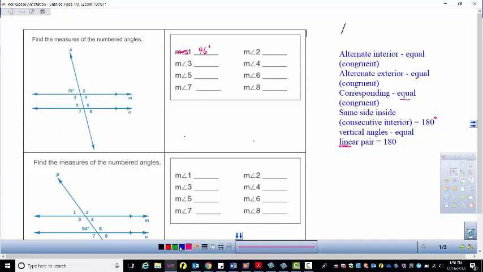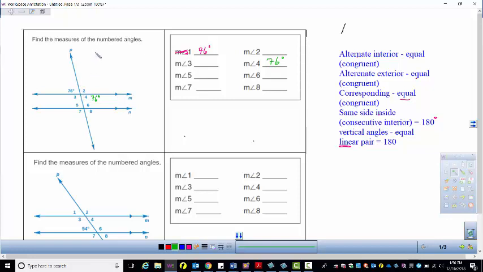So what I can do is, I know if this one is 76, I know that angle 4 would be 76 because it's vertical. So angle 4 is 76. It is vertical. And then you can do this lots of different ways, but I could find out angle 2 because 2 and 4 are a linear pair.